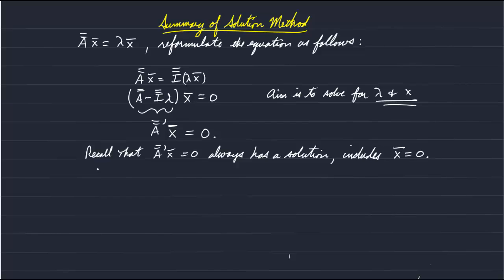So we can always solve that system, but we're not interested in the trivial solution. We want the non-trivial solutions, because the solutions will be plural in general. And the non-trivial solutions to A prime x equals 0 exist only if A prime has linearly dependent columns.